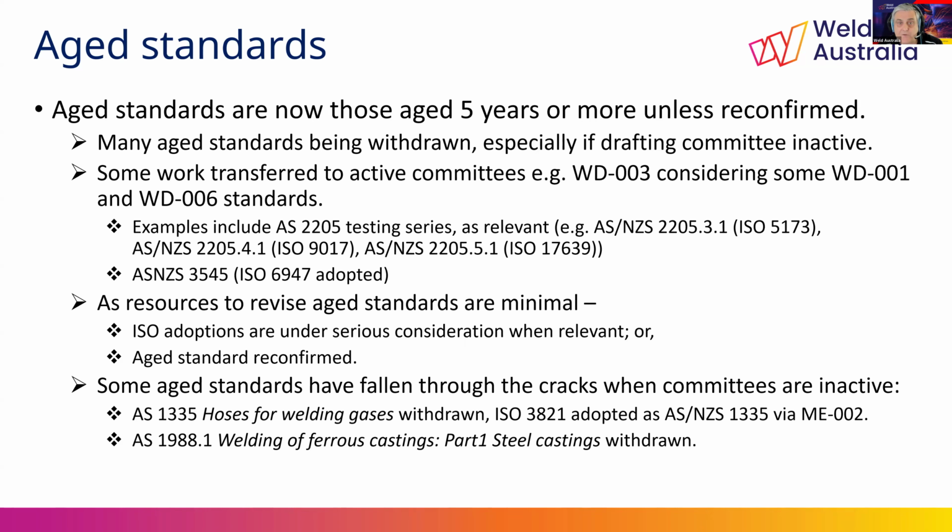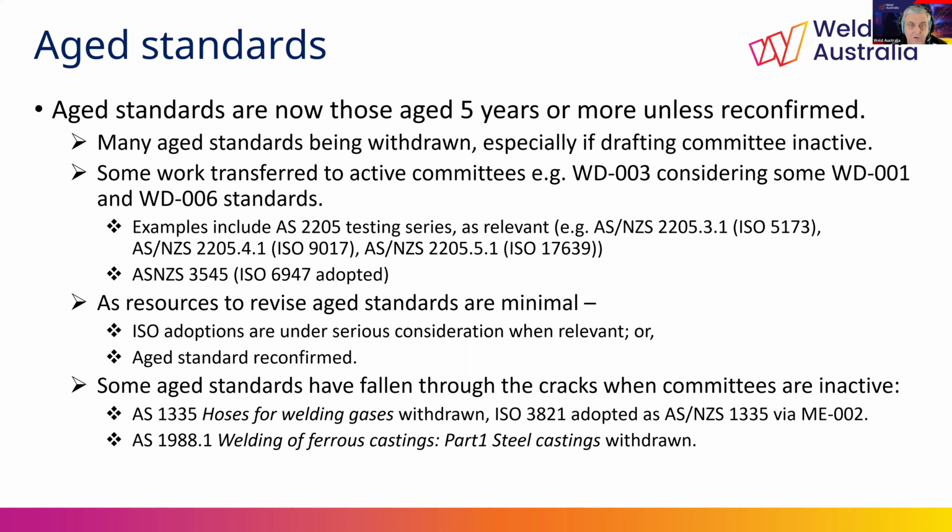For example, hoses for welding gases, which is AS 1335, was withdrawn some years ago, and the drafting committee no longer existed. However, it was still required, and with the assistance of Standards Australia, ISO 3821 was adopted as AS/NZS 1335 by Committee ME2.